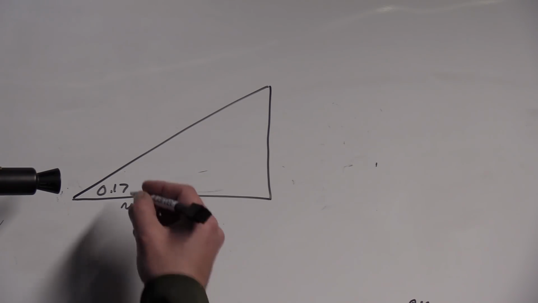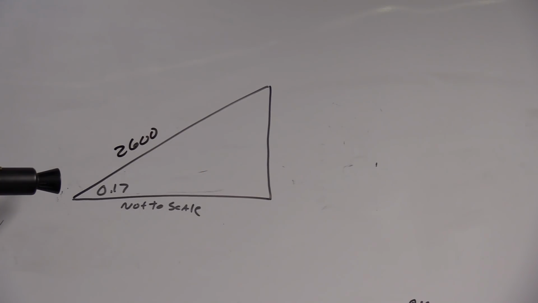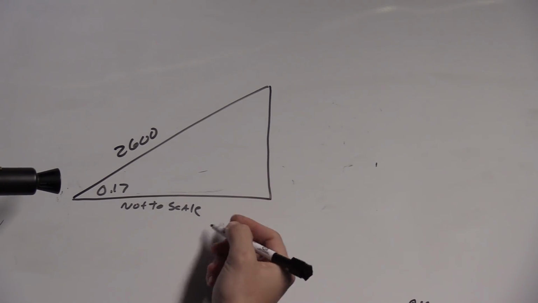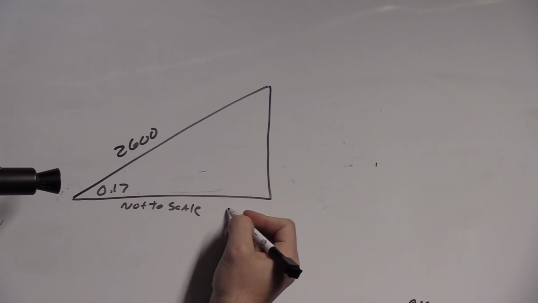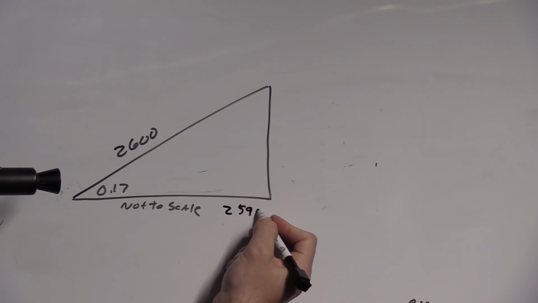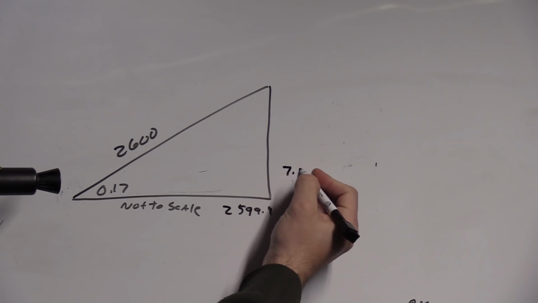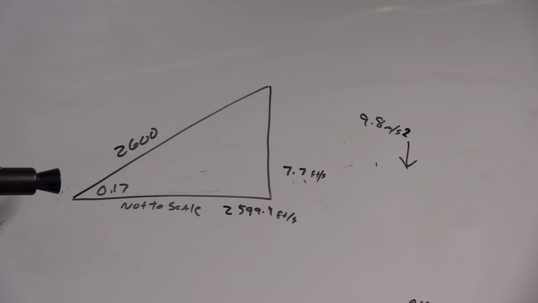So if we just use 2,600 feet per second as the measured velocity at the chronograph, and I will admit that I used a calculator to do this one, unlike the other one, we get a horizontal component of 2,599.9 feet per second, and a vertical component of 7.7 feet per second. So if we remember back to our 9.8 meters per second squared downward towards Earth, we have something to combat here.